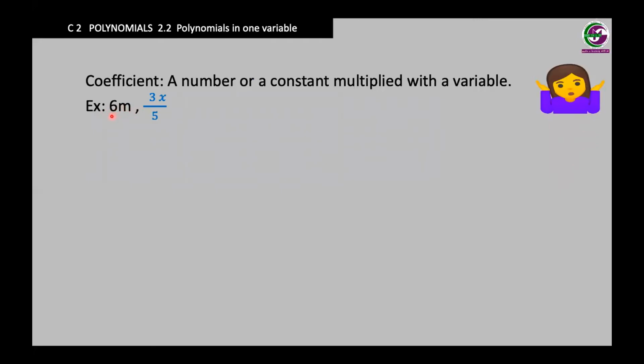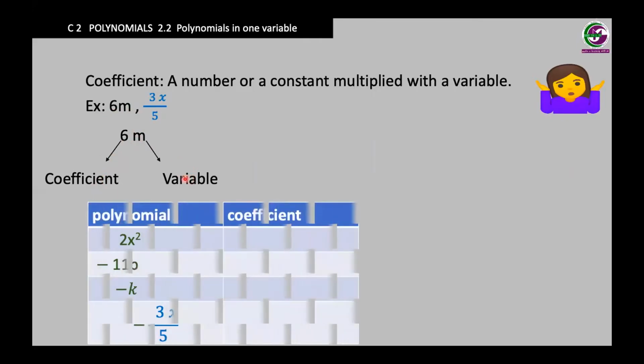So 6 is called the coefficient and m is the variable. 3x by 5. X is the variable. So 3 by 5 is the coefficient. So coefficient means the number which is multiplied with the variable. In more details, here it is. So 6m is a term, 6 is the coefficient, and m is the variable.